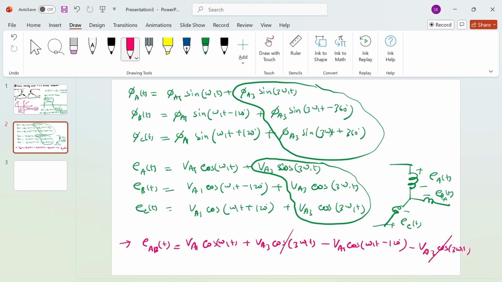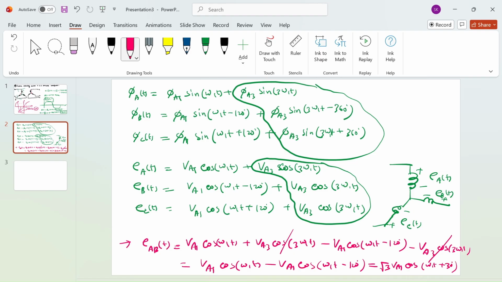These third harmonic terms are the same, so they cancel. We have VA1 cos omega 1 t minus VA1 cos (omega 1 t minus 120 degrees), and it will be simply root 3 VA1 cos (omega 1 t plus 30 degrees).